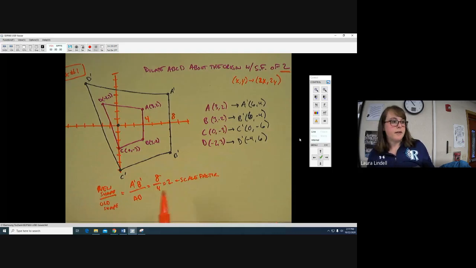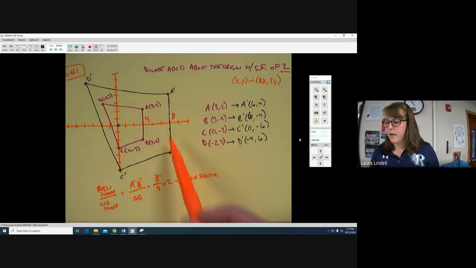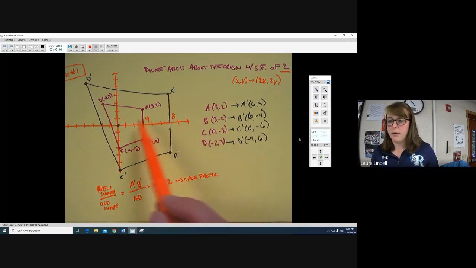So my scale factor is also just a ratio of the side lengths from my new shape to my old shape.